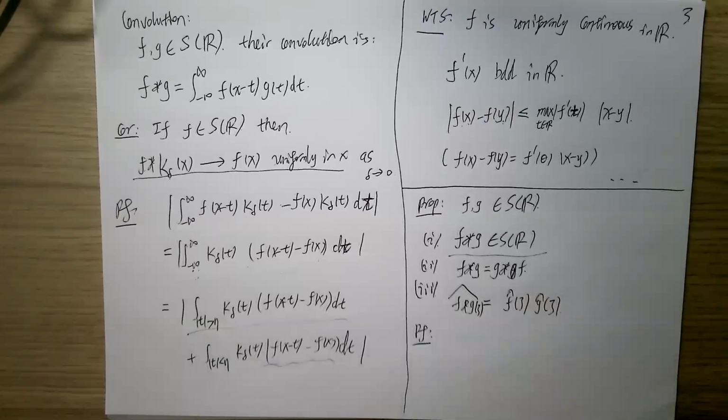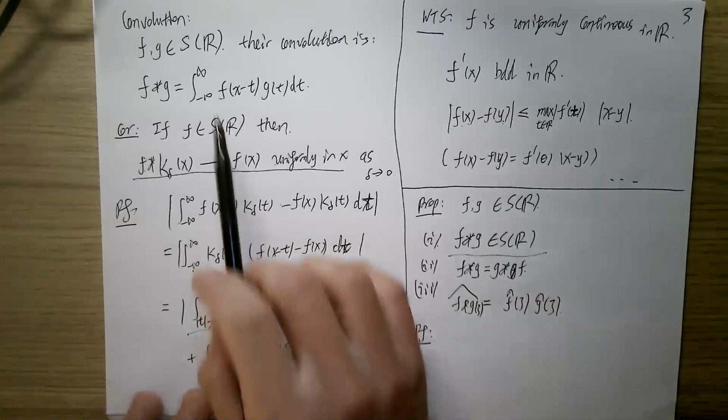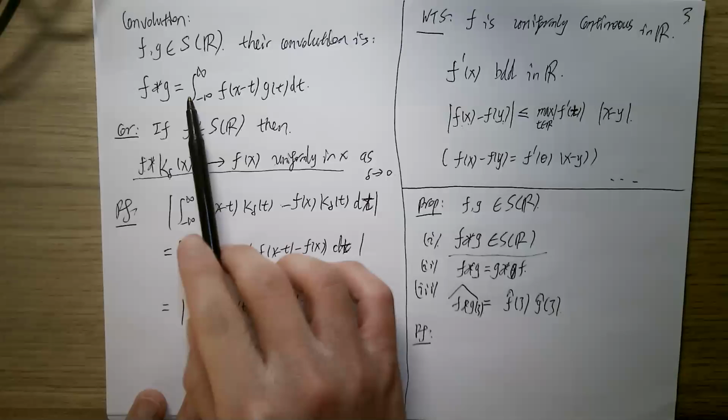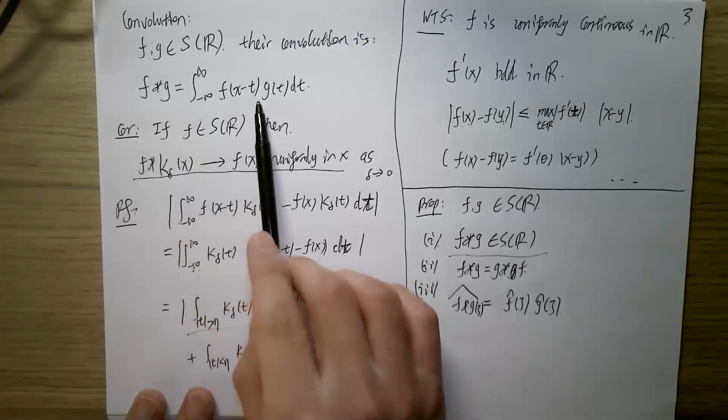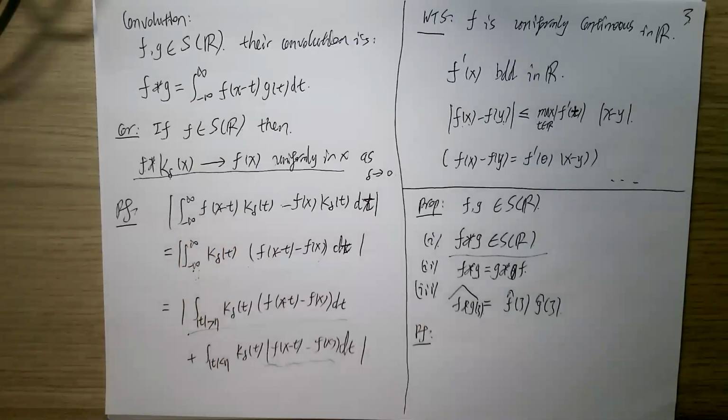Well, the proof uses a very interesting, very common trick that we are going to use again and again for this kind of infinite integration with this kind of variables, x minus t.